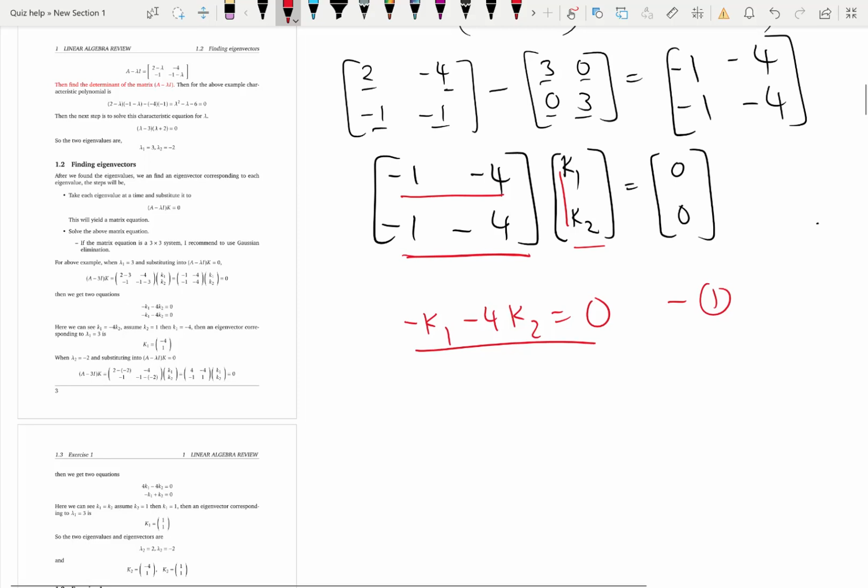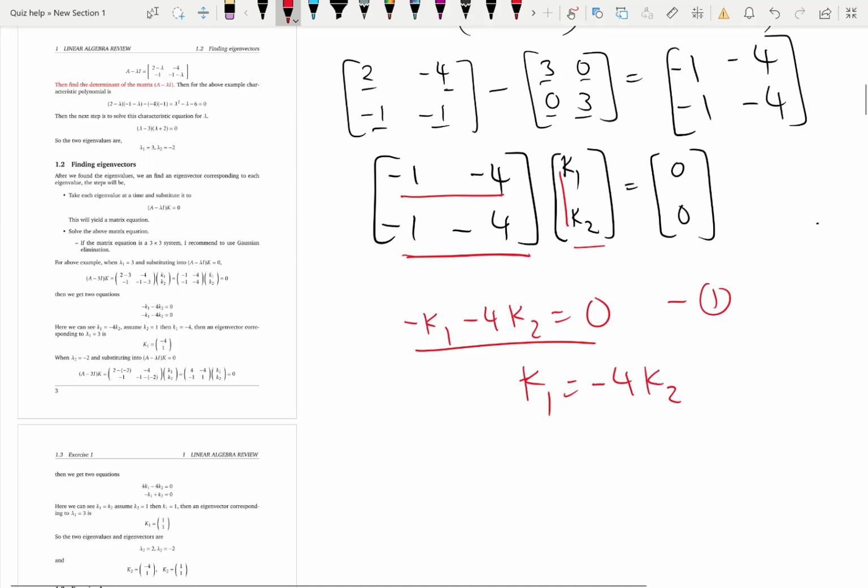You cannot solve for k1 and k2 nicely and get k1 is this and k2 is this. So here the relationship is, let's take the negative 4k2 to the other side. So k1 is negative 4k2, right? Now you get to choose.